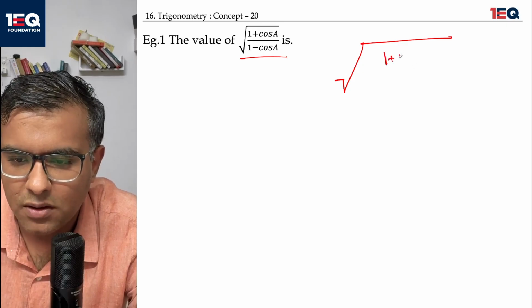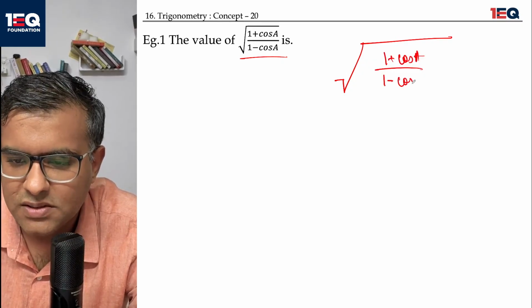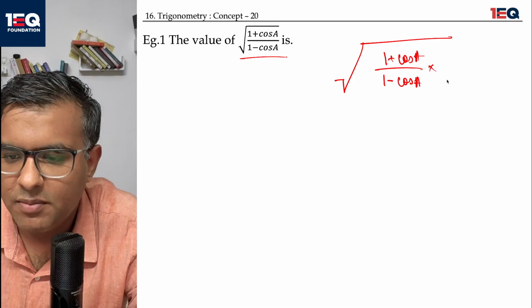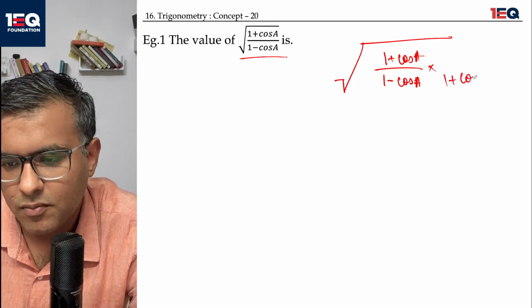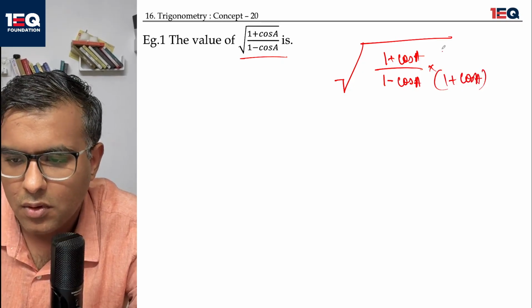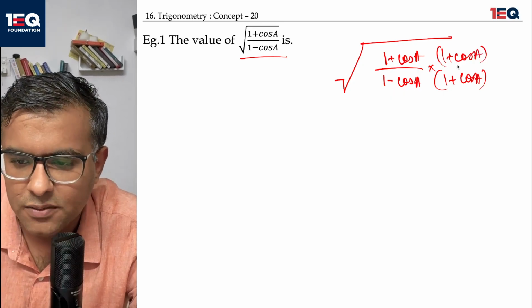So this is 1 plus cos A upon 1 minus cos A. Let me multiply it with 1 plus cos A on both sides.